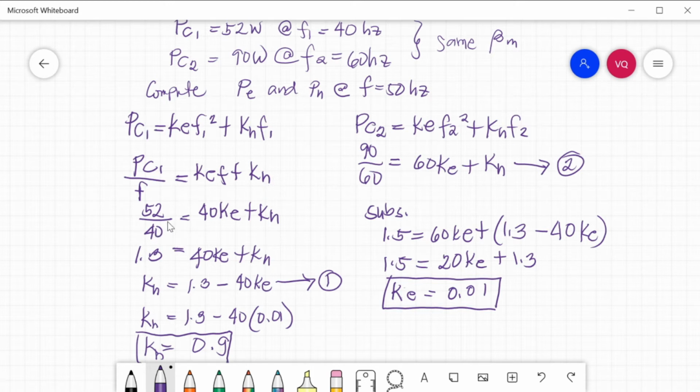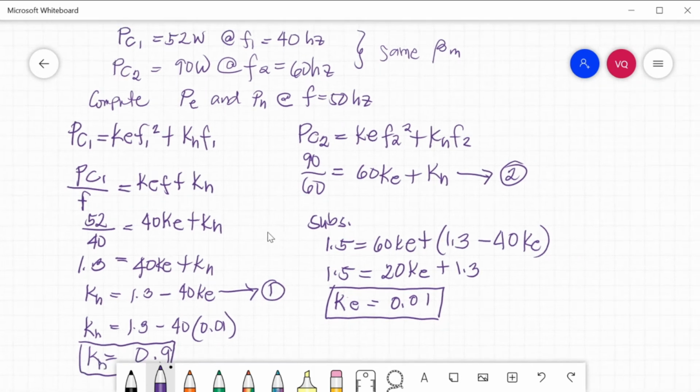PC1 is equal to 52 watts and F1 is 40 Hz, so 52 divided by 40, which is 1.3, equal to 40 KE plus KH. So we have our first equation: KH is equal to 1.3 minus 40 KE.